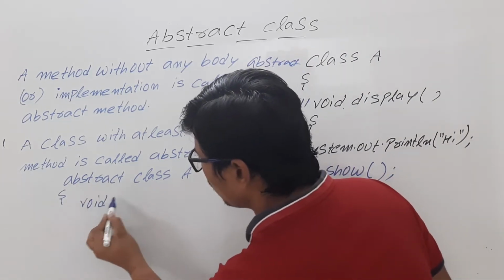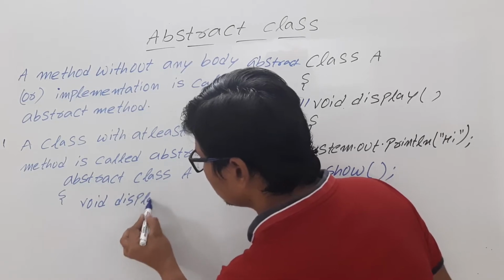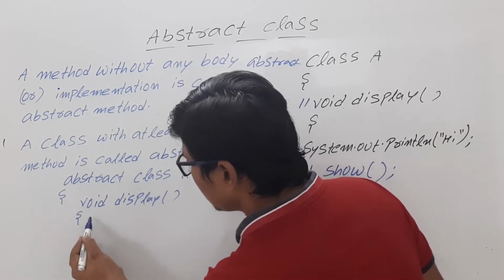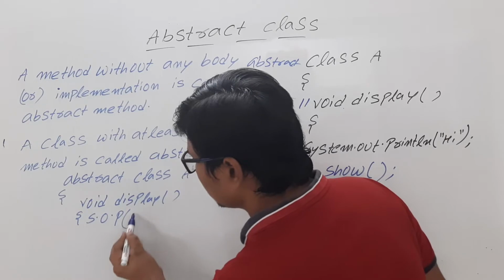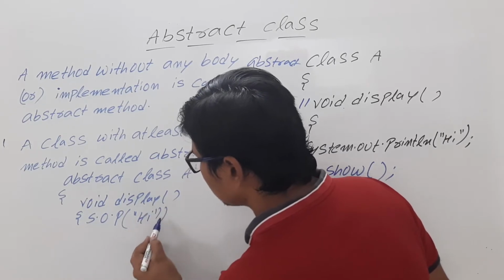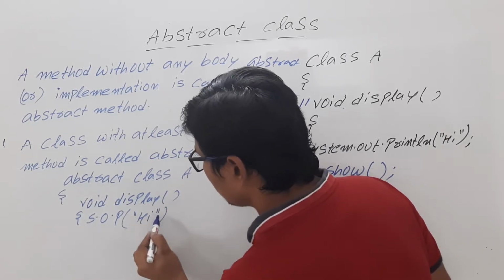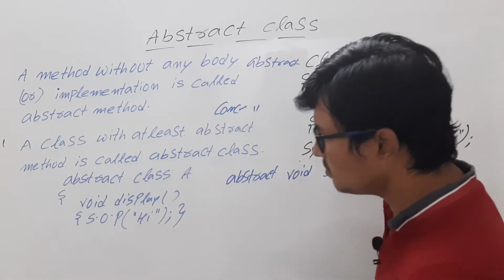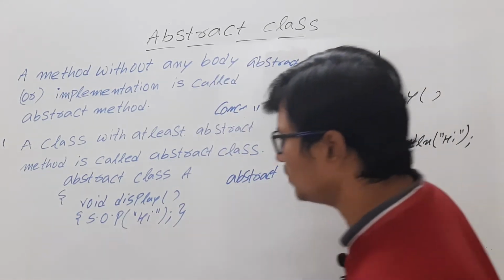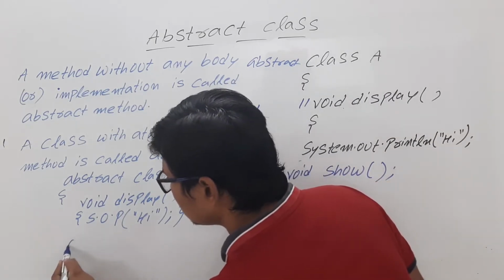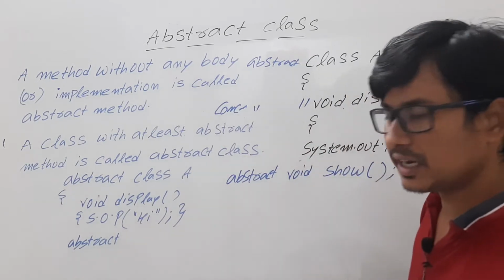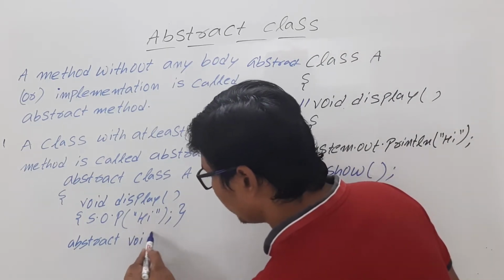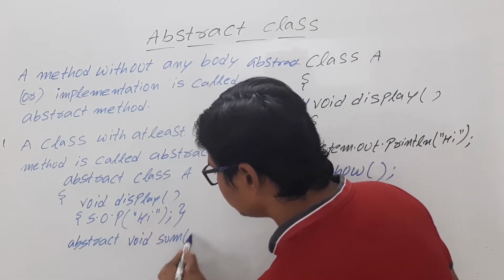Let me write void display, and it has some System.out.println hi, something. I'm just writing it for you. So now this method we'll call a concrete method. Similarly, let's take that I have another concrete method also, but let's take that I have a few abstract methods like abstract, return type void, sum.